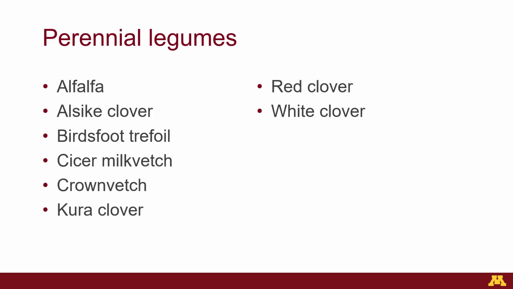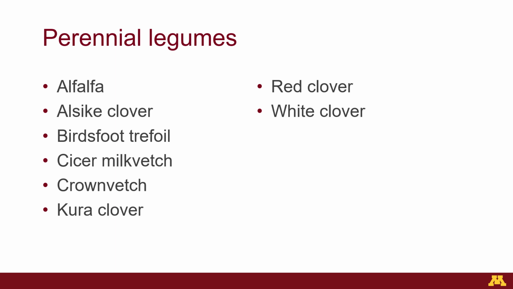Next, we will review legumes that can be used in organic cropping systems and provide detailed profiles of some important legumes. These include alfalfa, Alsike clover, bird's foot trefoil, sainfoin milk vetch, crown vetch, Kura clover, red clover, and white clover.